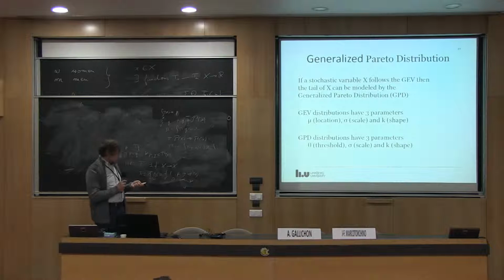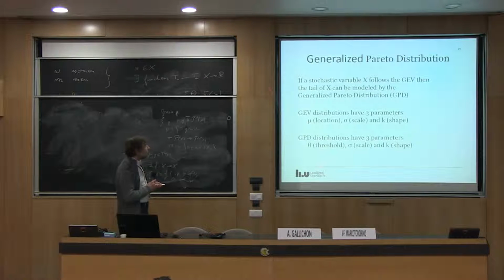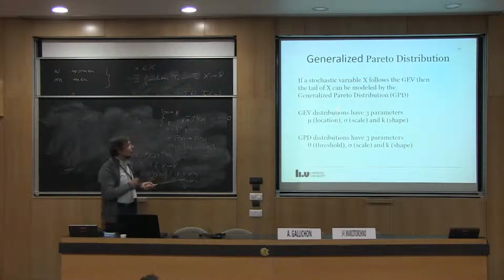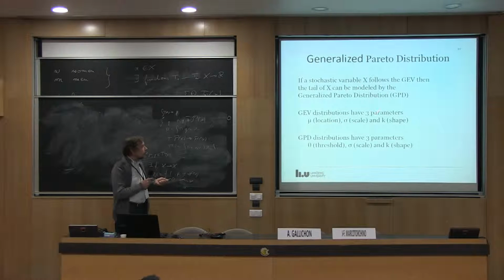The next step is another theorem in extreme value statistics. That theorem tells you that if the stochastic variable x follows one of these extreme value distributions, then the tail of this stochastic variable can be modeled by the generalized Pareto distribution. So we now have the steps filtering, maximum, and then the tail.